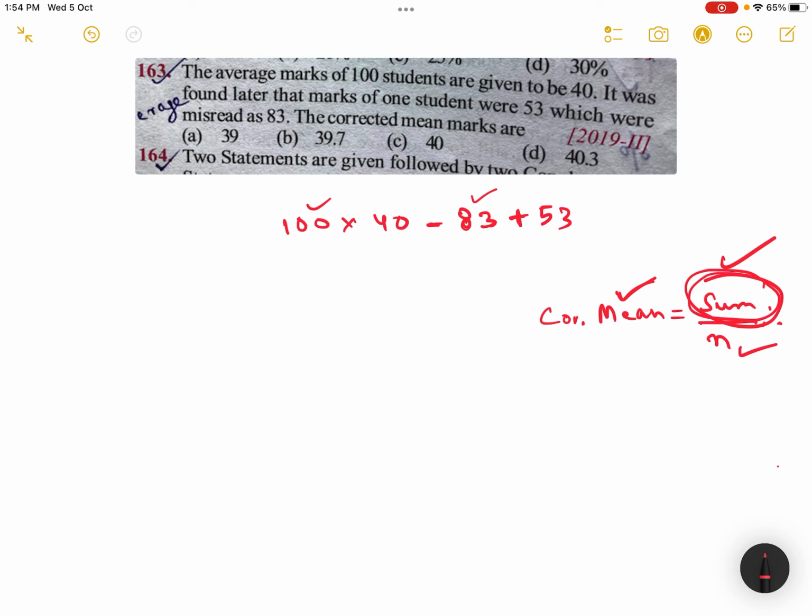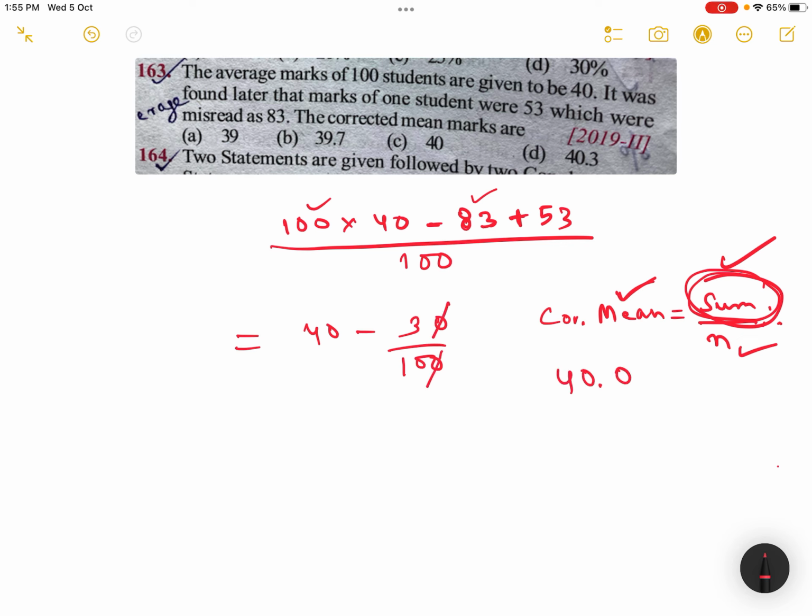And the number of students remains the same, only 100. So 40 minus 30 divided by 100 gives 0.3. 40 minus 0.3 is 39.7. Yeah, good. So easy.